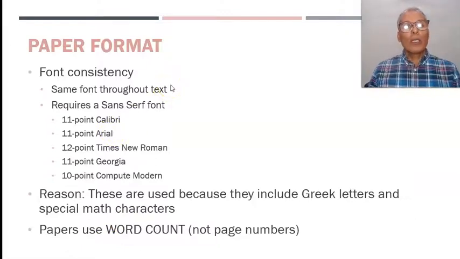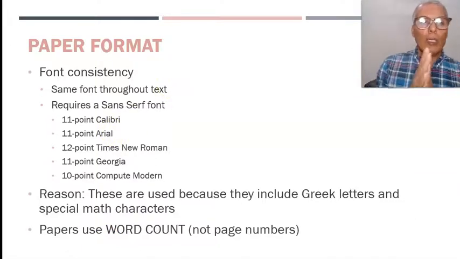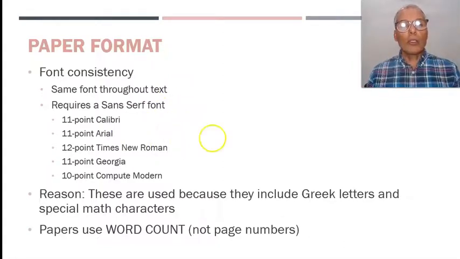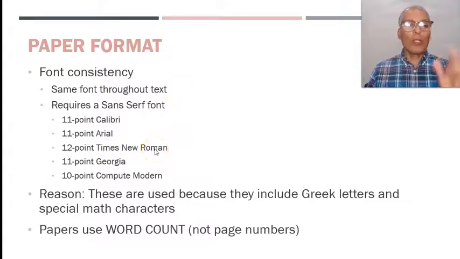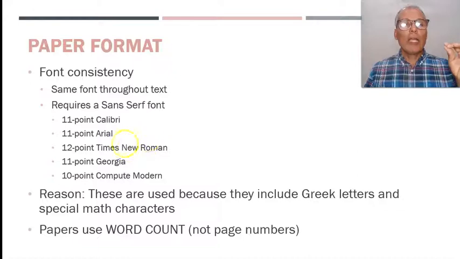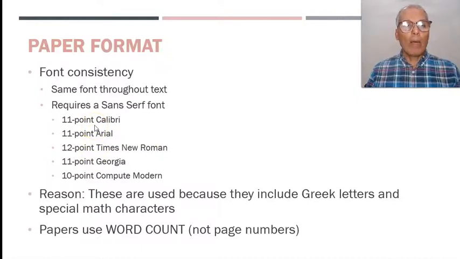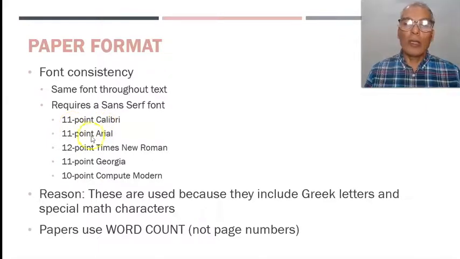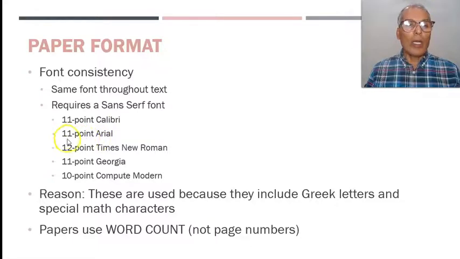The font, you can do Times New Roman. That's frequently used. If you use Times New Roman in academic papers, that's the most widely used, then you need to use 12 point font. If you are going to use any of the other APA compatible fonts, these are all APA compatible: you can use Calibri, which should be 11; Arial 11; Georgia 11.